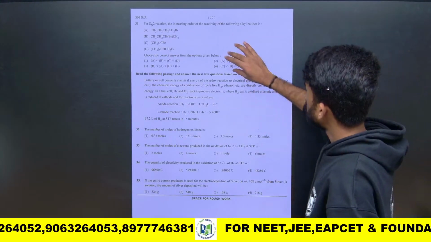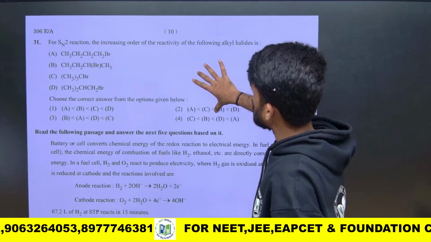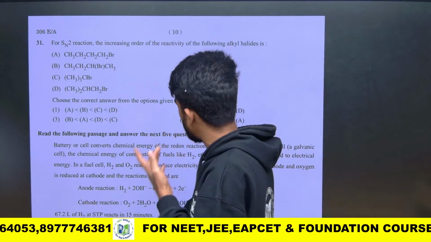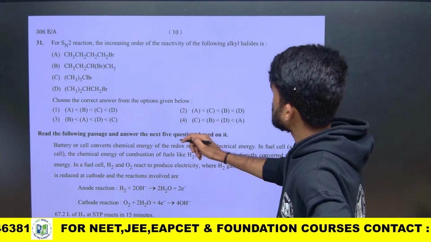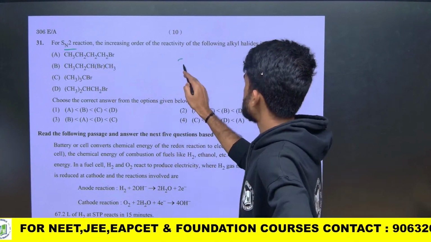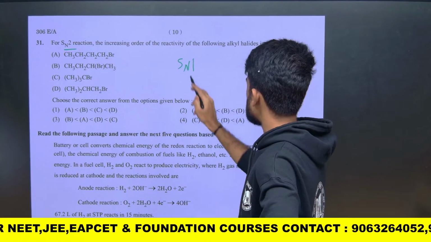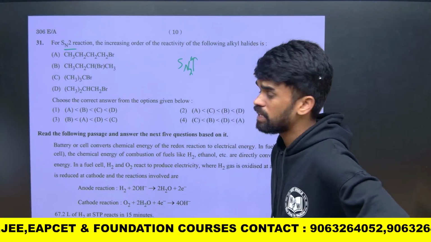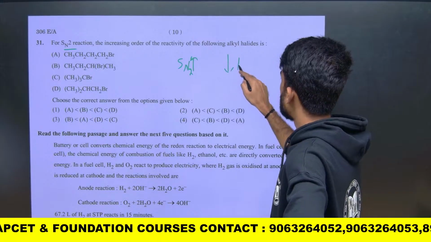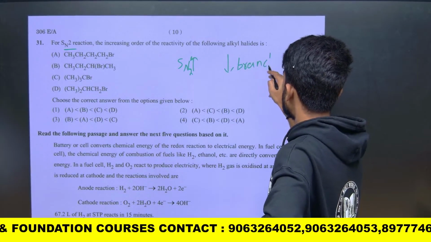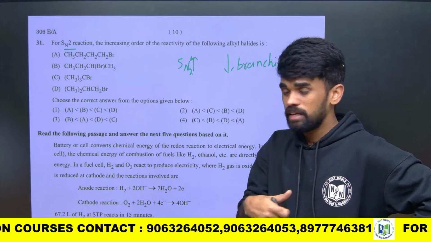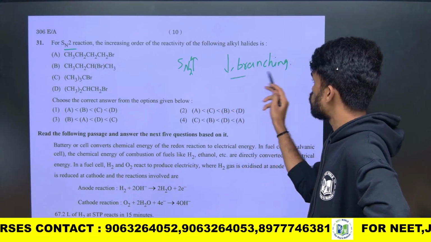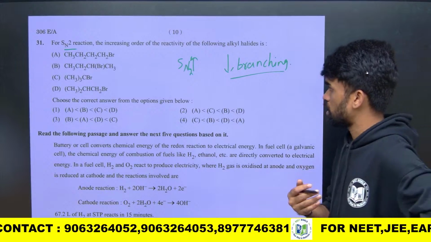Next, for SN2 reaction, the increasing order of reactivity of the following alkyl halides. So which is more reactive? We know SN2 rate of reaction increases with decrease in branching. Smaller the size, easier the reaction, or the smaller the groups attached, the more the reaction rate.